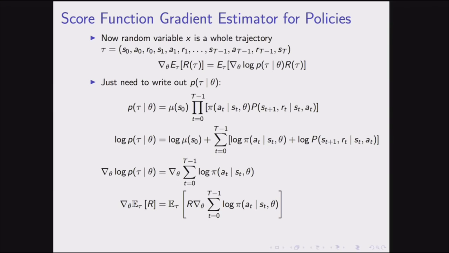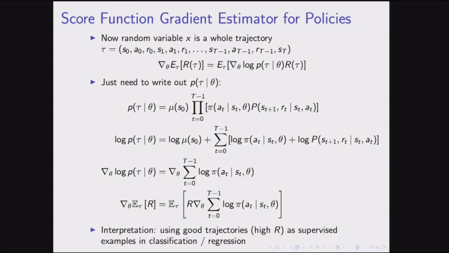So our formula for the gradient of the expectation is just the expectation over trajectories of the total reward of the trajectory times grad of the sum of all the log probs. The interpretation of this is we're taking our good trajectories and we're trying to increase their probability in proportion to how good they are.